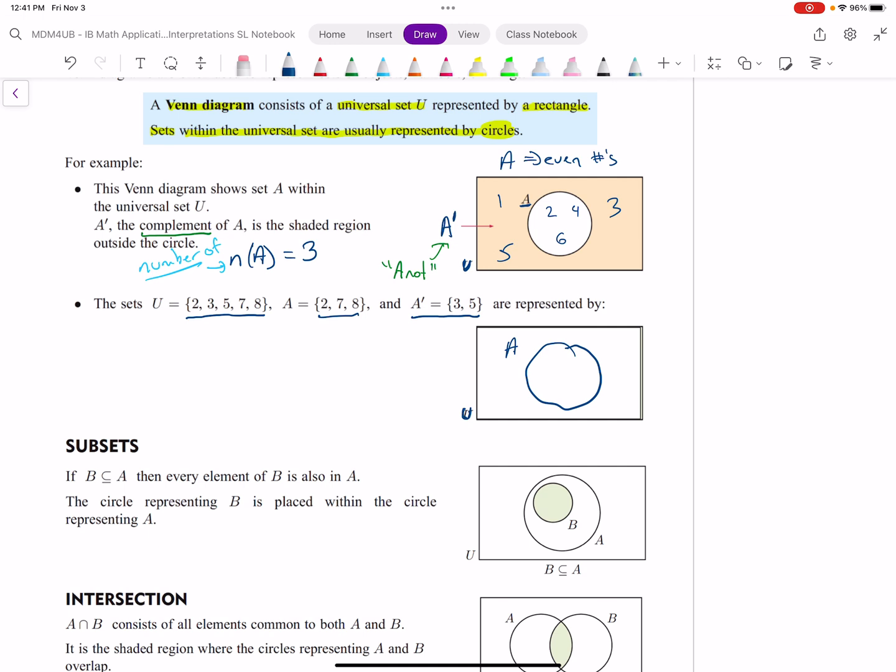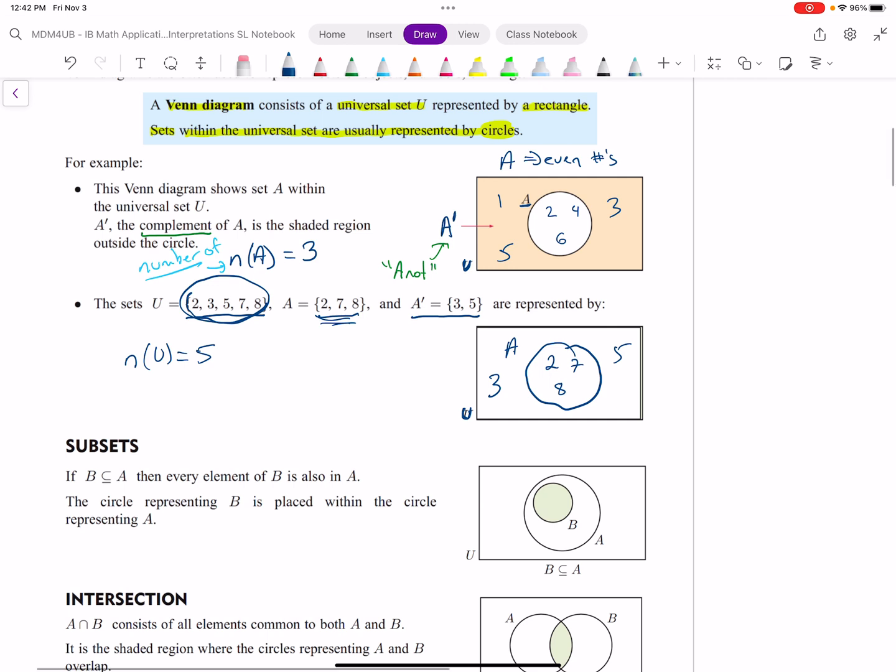So I would put my 2, I guess a 7 and an 8, because those are the things included with my set A. And the 3 and the 5 would go out here. And everything within those two things is formed with the universal set. Pretty straightforward. So again, if I wanted to talk about the number of these items, I would put n of U, which is equal to, in this case, 5 different numbers.